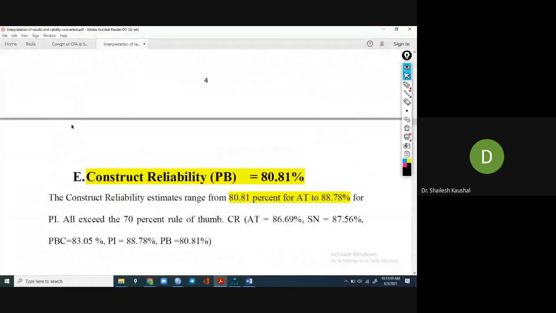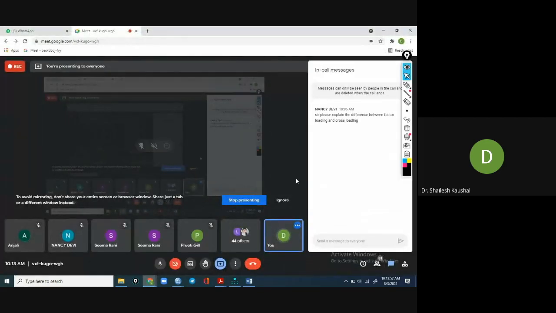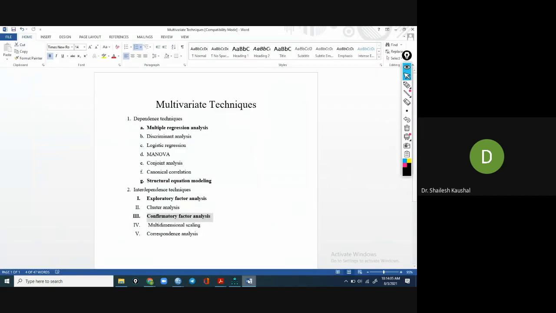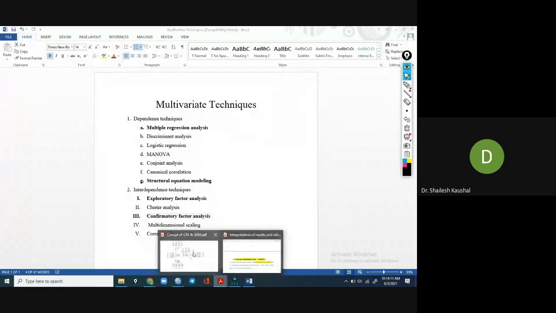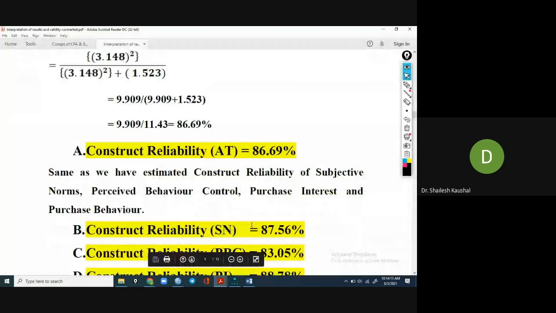We will find the same criteria for the structural model. Now, the difference between factor loading and cross loading. Your question is the difference between factor loading and this.